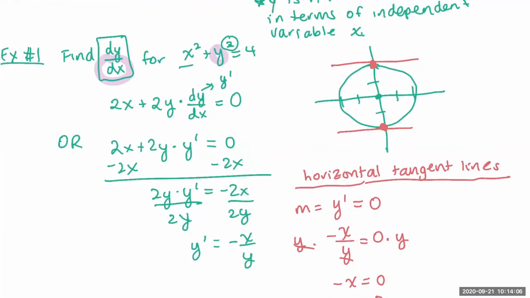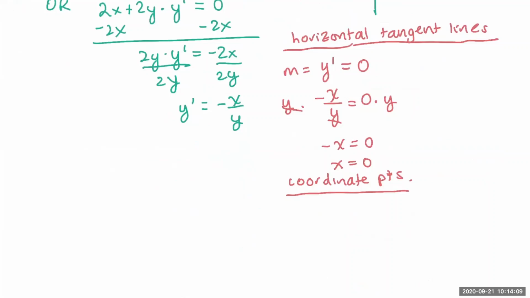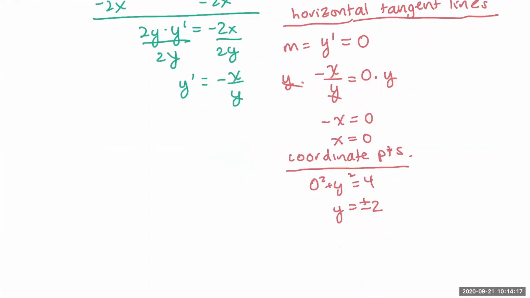So if I plug 0 in for x, I'm going to get 0 squared plus y squared equals 4. If I solve for that, I get plus or minus 2. So the coordinate points at which it occurs would be (0, plus or minus 2).